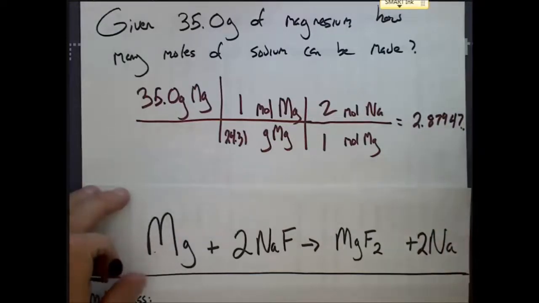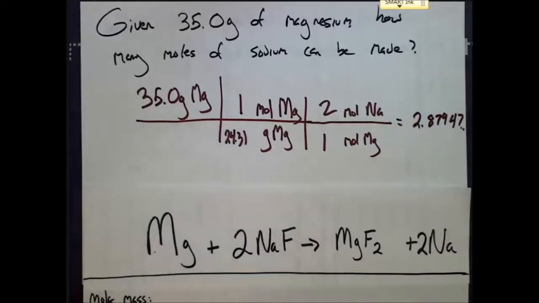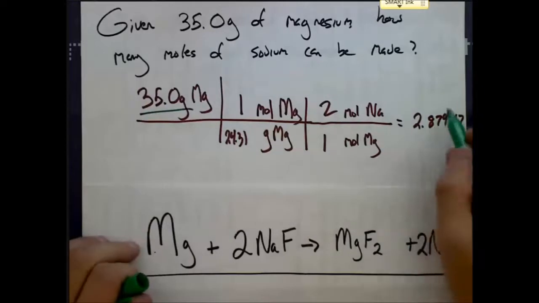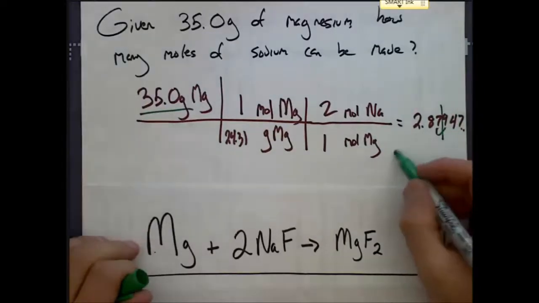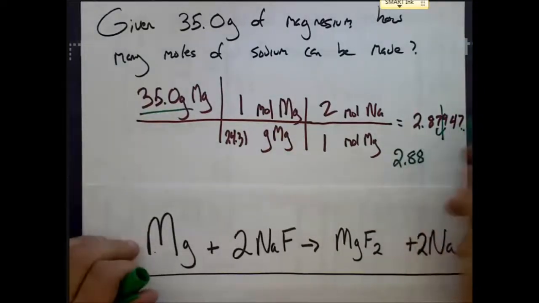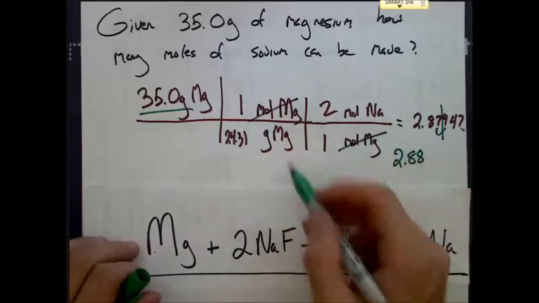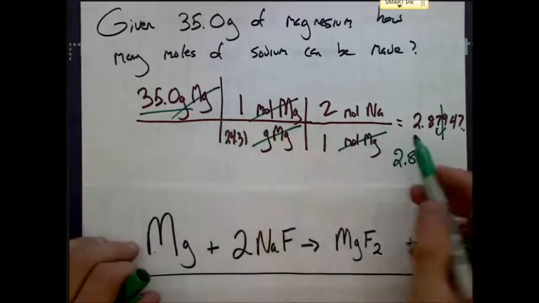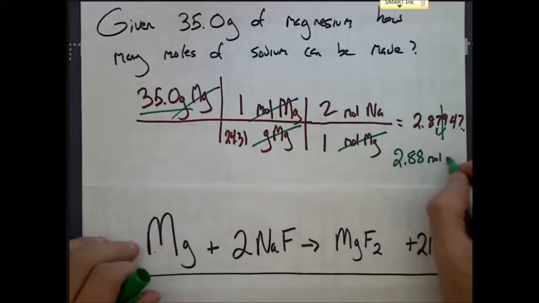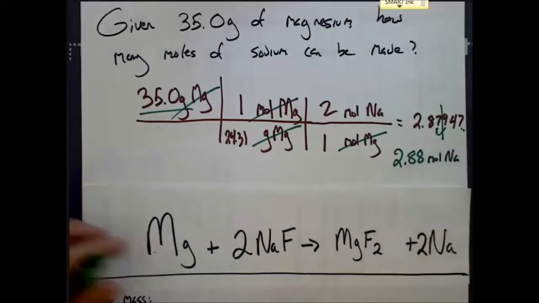We only get 3 sig figs because of our given, so 1, 2, 3. Cut that off. 2.88, and the unit. Moles of magnesium cancels, grams of magnesium cancels. We get moles of sodium. 2.88 moles of sodium.